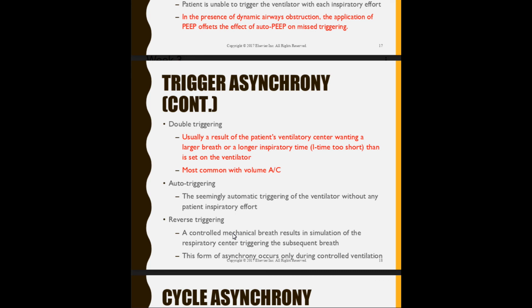Now, that's kind of strange for the brain to think, but sometimes the brain wants what it wants. If it's saying, hey, I need a longer I time to help the patient breathe a little better, I might just have to give it to them. Okay, it's most common again on volume AC, because it was probably a pressure trigger.